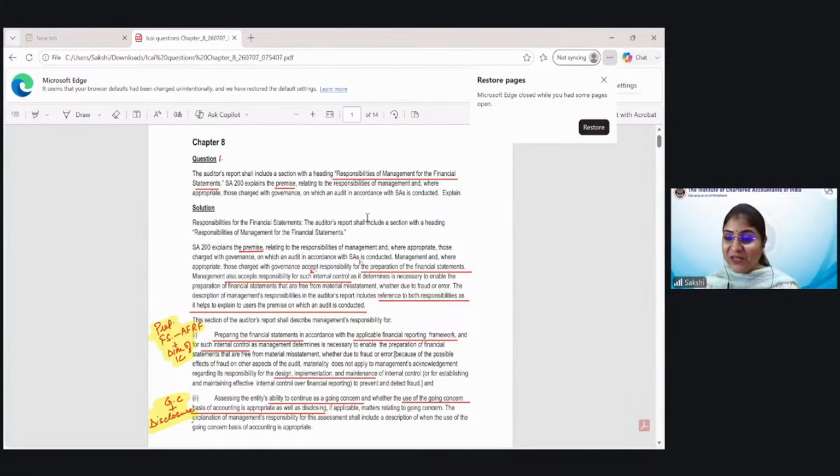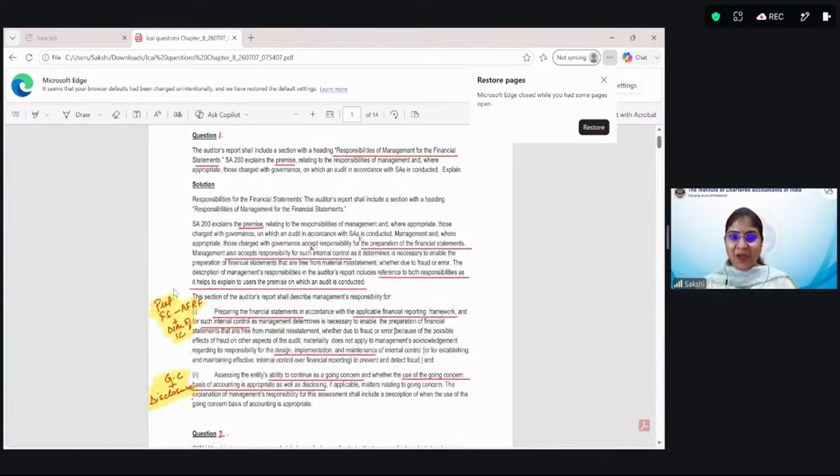So begin with question number 1. The auditor's report shall include a section with the heading Responsibilities of Management for the Financial Statements. SA 200, explain the premise relating to responsibilities of management and where appropriate TCWG on which an audit in accordance with SA is conducted.